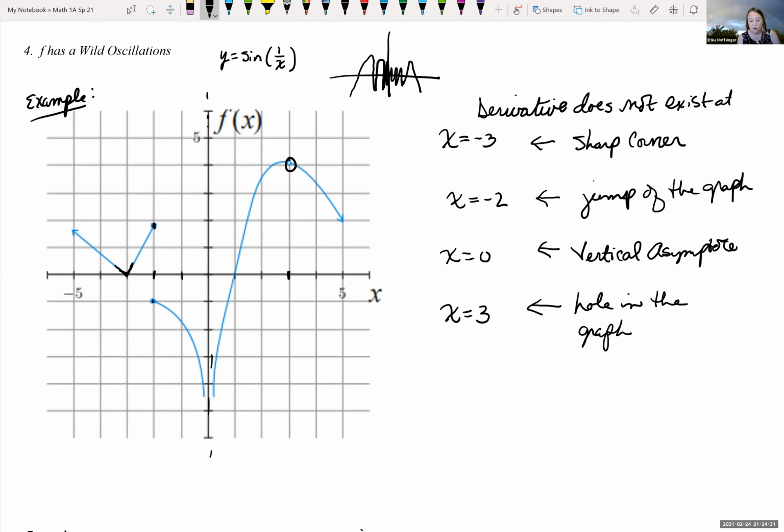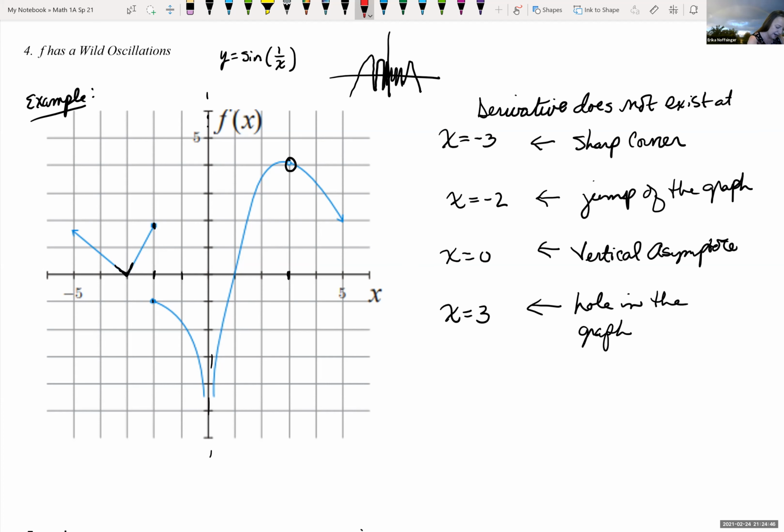If you think again about what the derivative means, it's telling us the rate of change at one particular value on our graph. And so the reason why these sharp corners don't have a derivative depends on which way we're coming in.